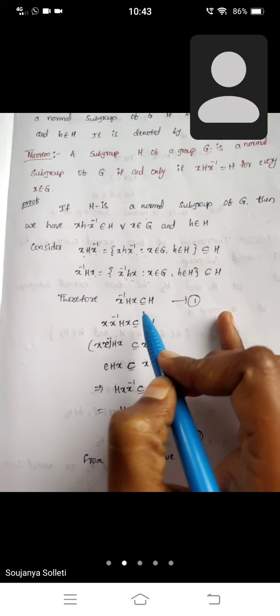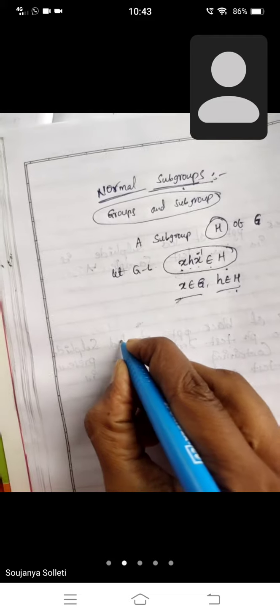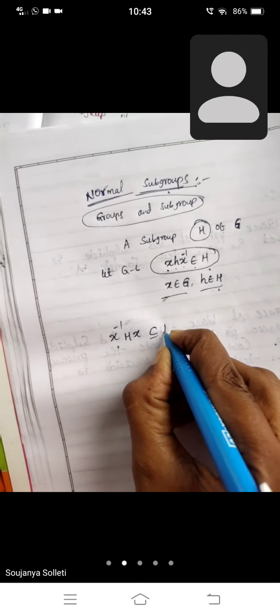I will assume x inverse H x is a subset of H.